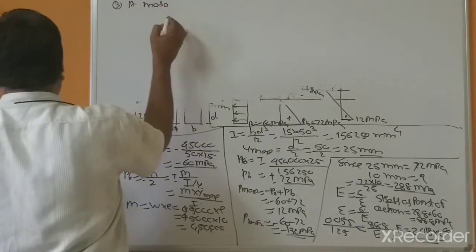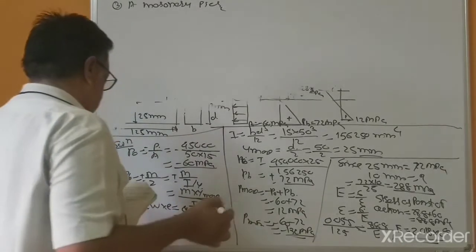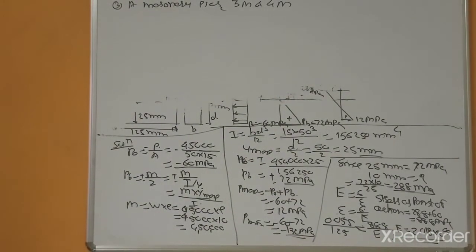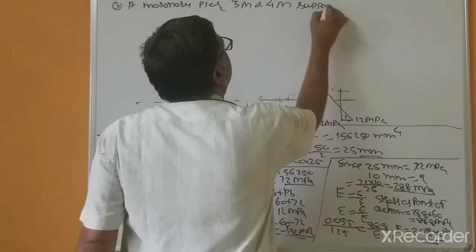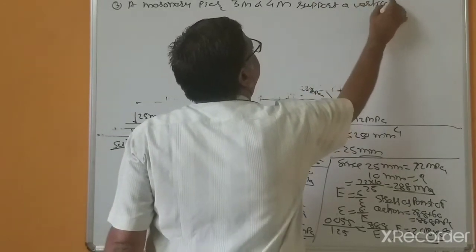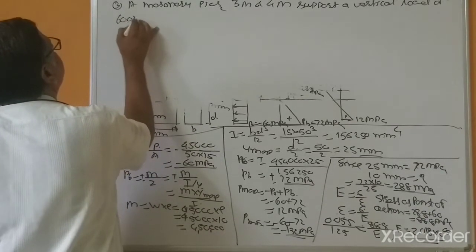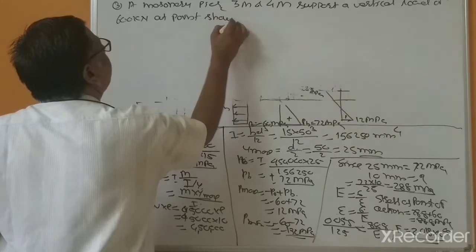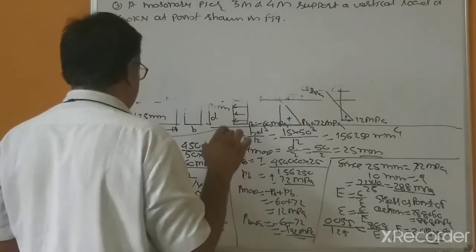A rectangular pier, 3 meter by 4 meter, supports a vertical load of 600 kilonewton at a point shown in the figure.